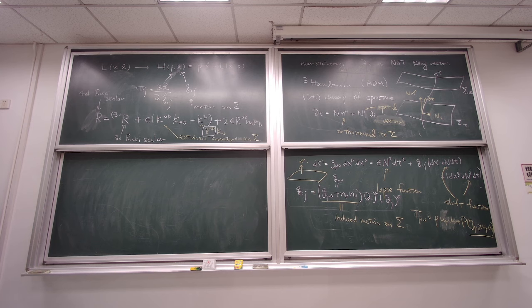If you parallel transport the normal vector along the surface, the difference between the transported vector and n mu is given by the extrinsic curvature. So K mu nu is given by the derivative of n, where n has to be also normal.